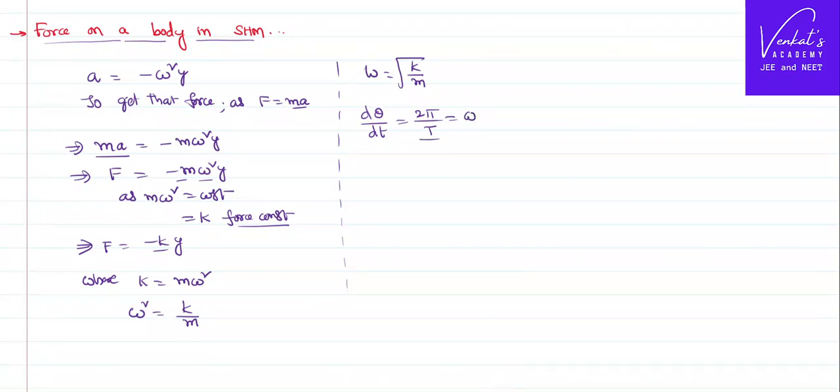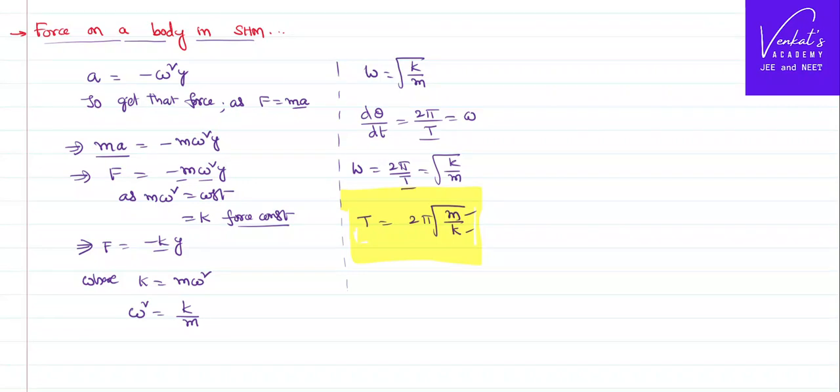So in the place of omega, as we have written so many times, we can write 2 pi by T. That is equal to root of k by m. So I can express the time period of a particle in simple harmonic motion as 2 pi into root of m by k, where m is the mass of the particle, k is the spring constant. This is another way of expressing time period, right?